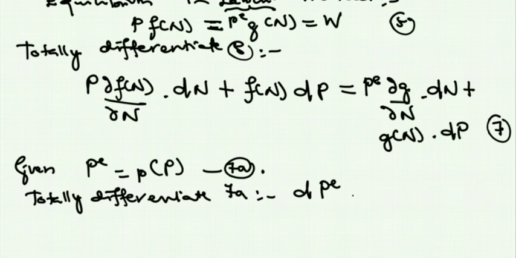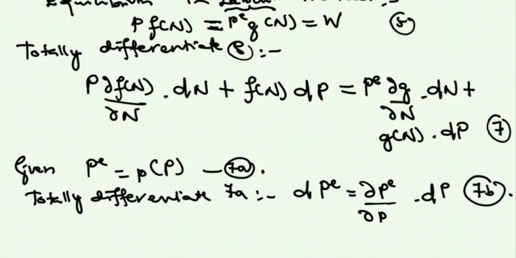Now I differentiate the right hand side: delta PE over delta P times dP. Okay, I call this 7B.